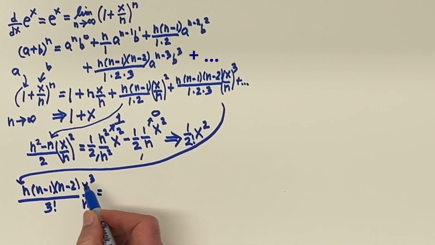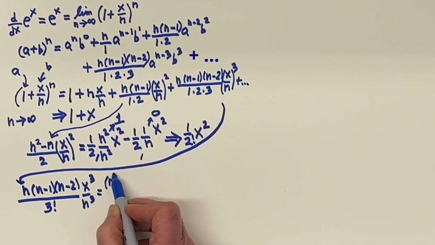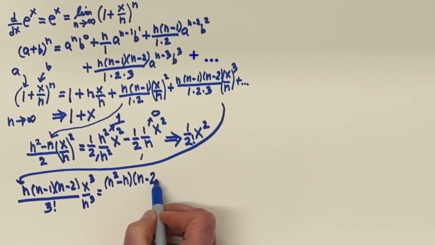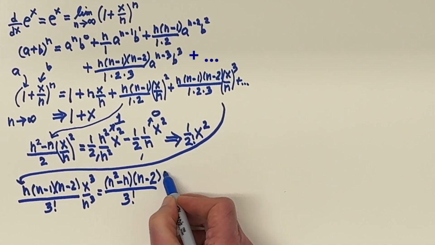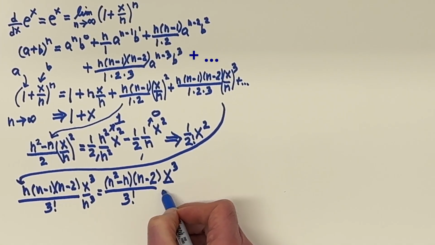If we work this out, we would have n times n minus 1, say n squared minus n, and then an n minus 2 over 3 factorial, and then x cubed over n cubed.